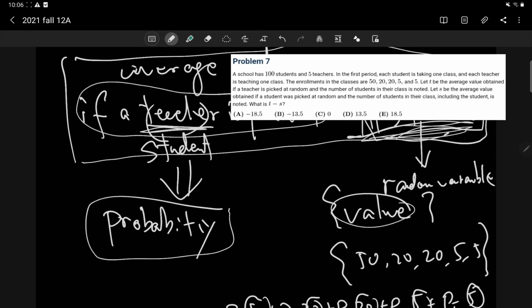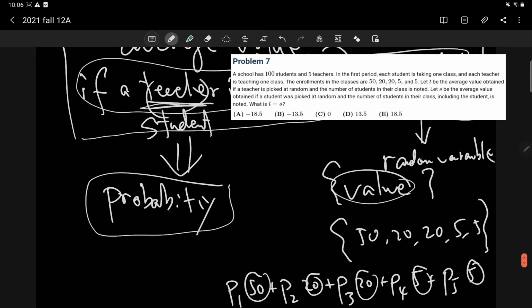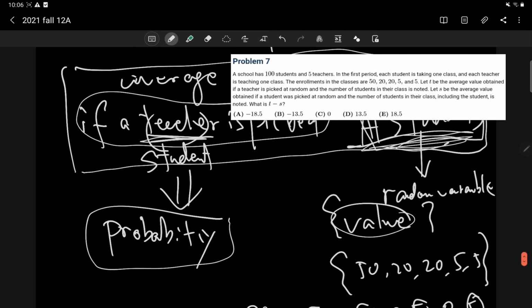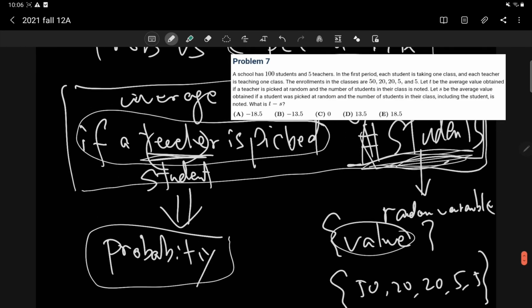So the probability to choose a class with a size of 50 or a size of 20 depends on how the probability is given or is created. And that comes from the differences between T and S. So for T, the probability is driven by the teacher.